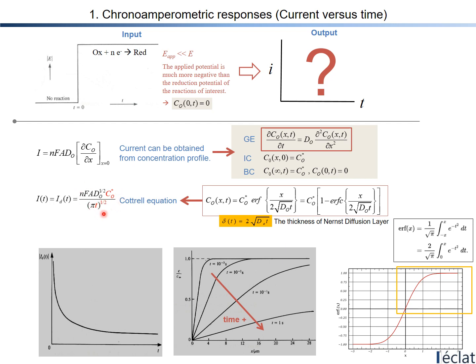What is that? That is the Cottrell equation you met in the previous chapter. So finally we obtain the Cottrell equation after solving the problem by using Fick's second law.